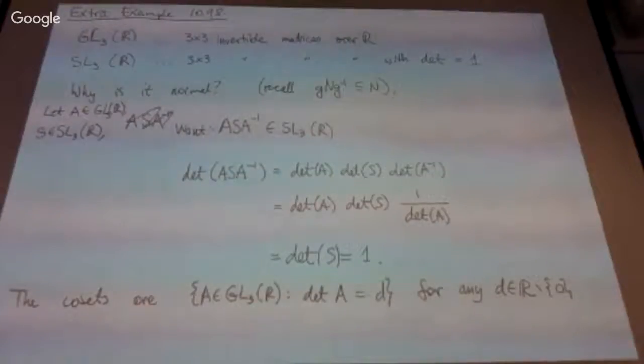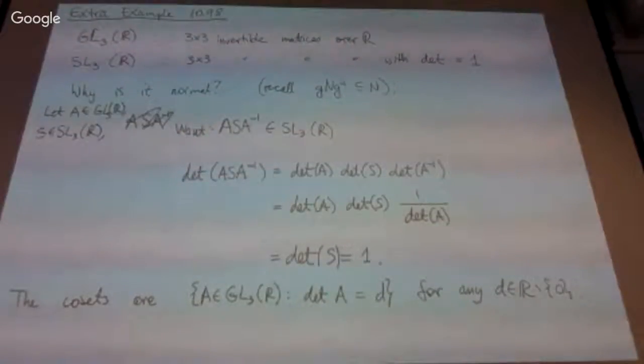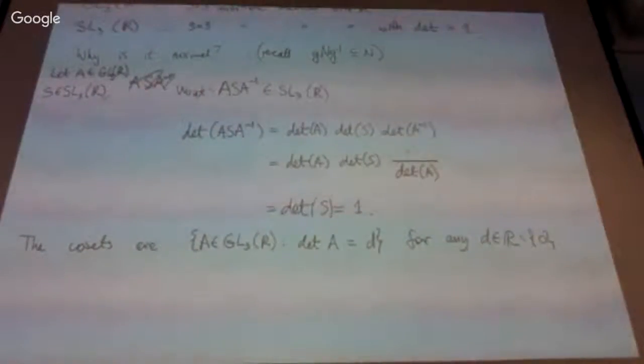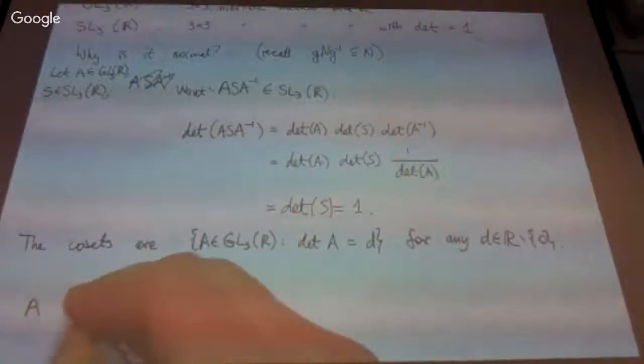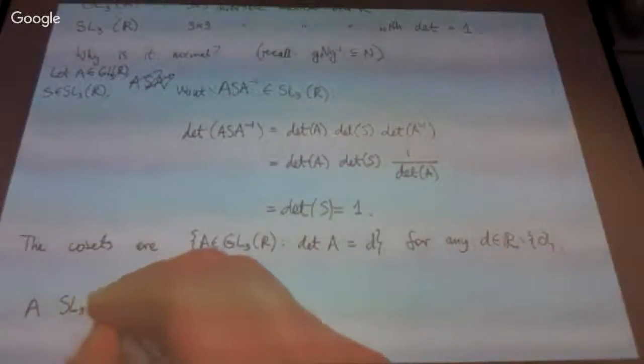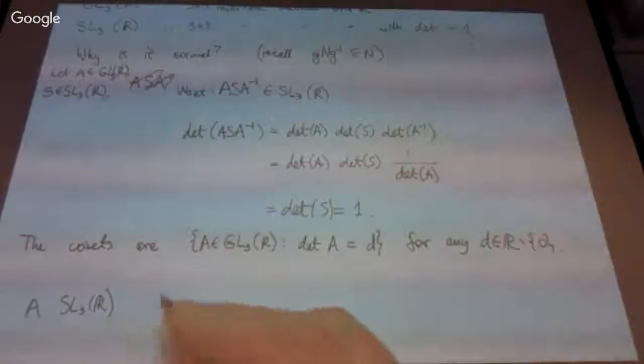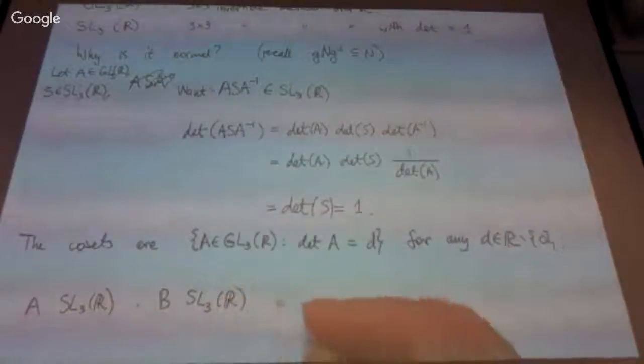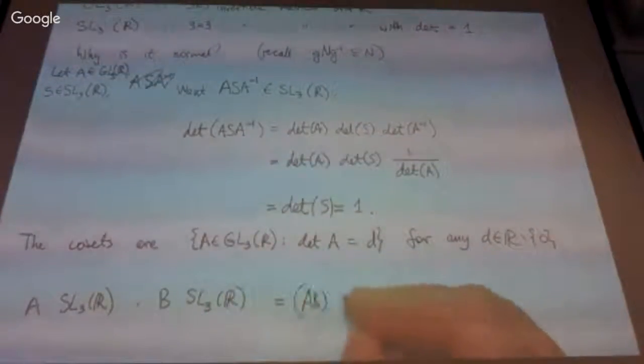Because if you take A, that's one coset, you multiply it by B, you get the coset of AB.